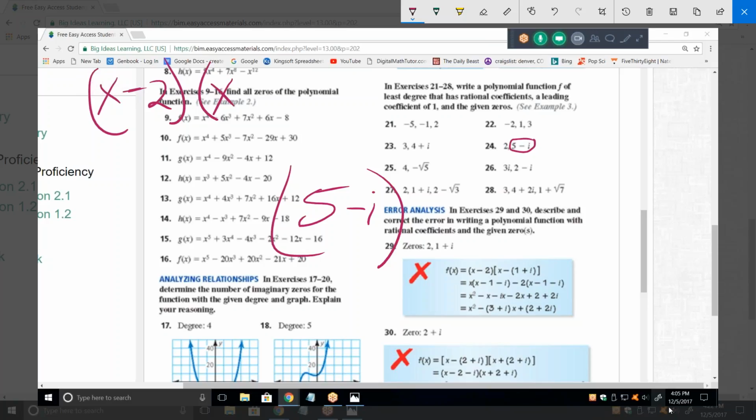If I said, what's the conjugate of this? First of all, I have to write it in proper form. It's minus, my apologies. It is 5 plus i.